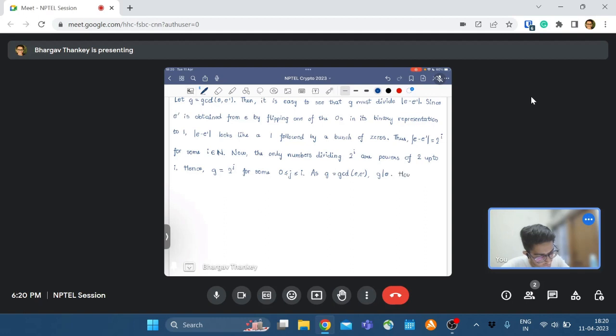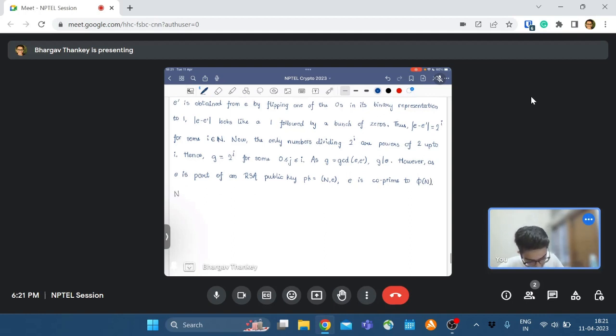However, as E is part of an RSA public key, E is co-prime to phi of n.